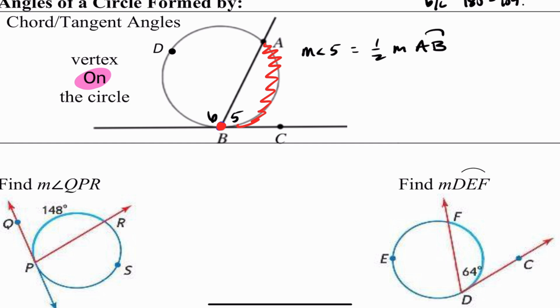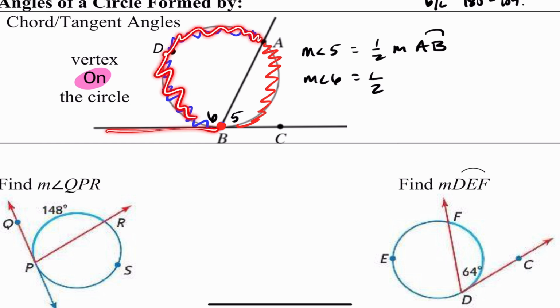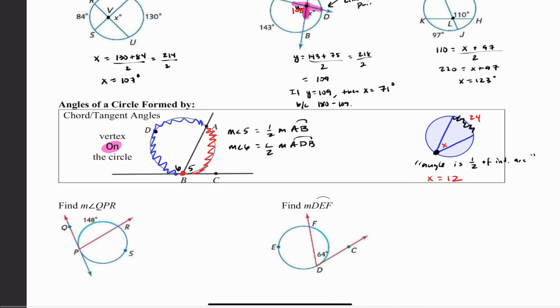The measure of angle 6, again with the vertex on the circle, is 1/2 of its intercepted arc. I'm saying intercepted because this arc is between the two segments or rays. So the measure of angle 6 is 1/2 of the major arc ADB.